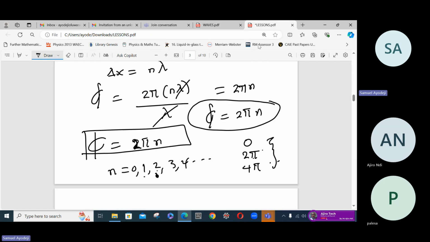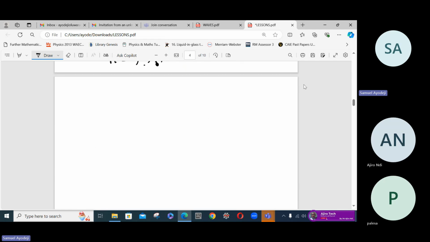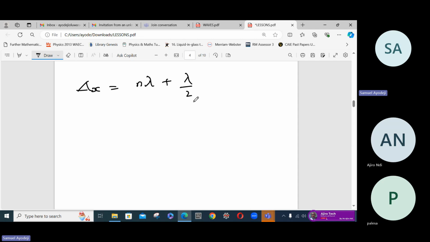So for destructive interference, the path difference is n lambda plus lambda over 2.